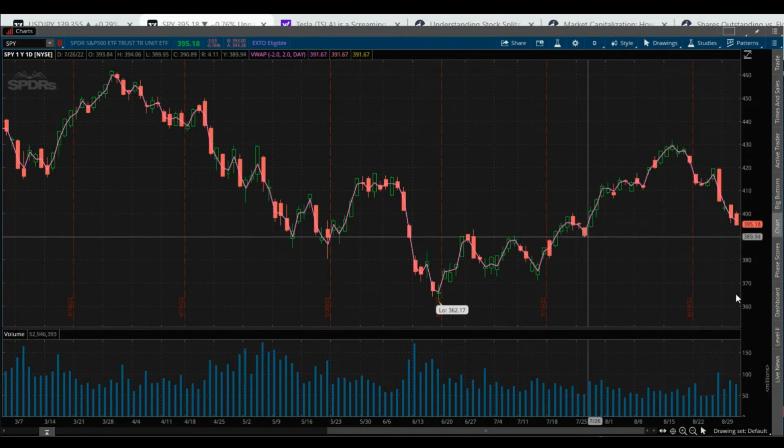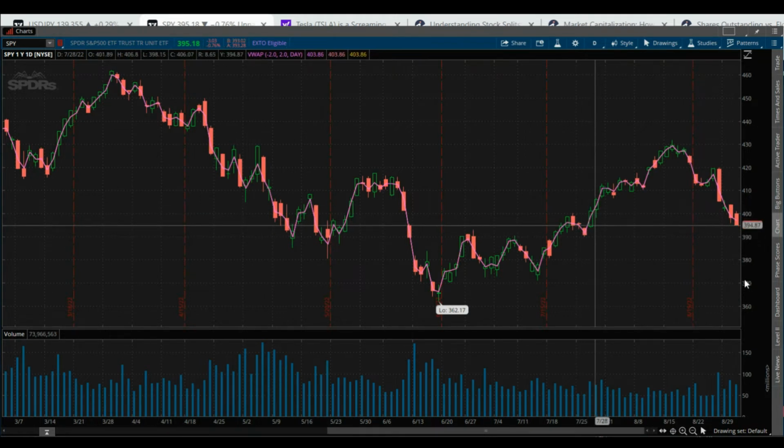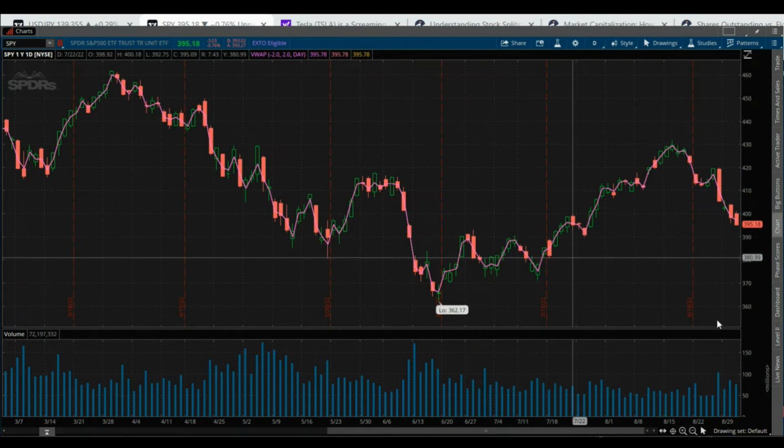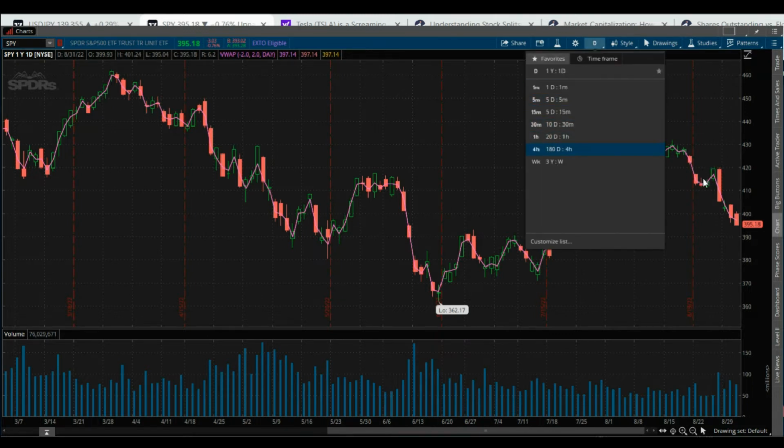Now, if you're familiar with support and resistance, which I can actually show you in a video linked down below, you can see that we're kind of in no man's land here unless we bottom out at 395. But my technical analysis has me thinking more in the 390s. And if that fails, then we're going to be going towards 380. We can go to the 4-hour chart, but it's really messy.